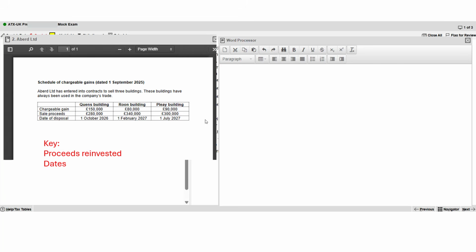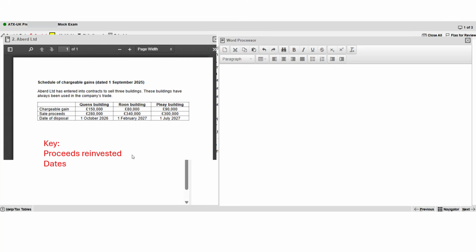The key for rollover relief then, we've got qualifying assets, but to get rollover relief, we need to reinvest the proceeds. So those will be the important figures. And we also need to think about the dates. So remember that there is a time limit for reinvestment. And those are the buildings that are being sold.